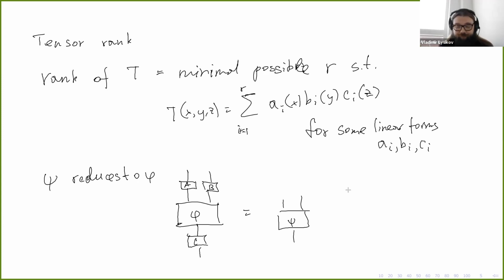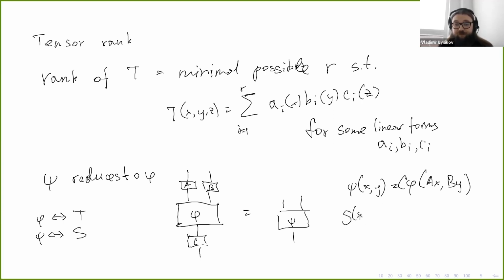And so this means that psi of xy is phi of Ax and By times C. And if phi corresponds to a trilinear form T and psi corresponds to a trilinear form S, then S of x, y, and z is T of Ax, By, and C dual z.